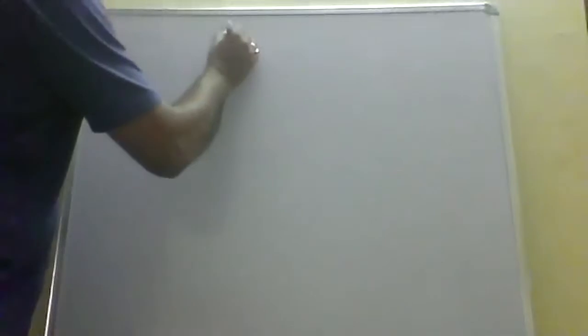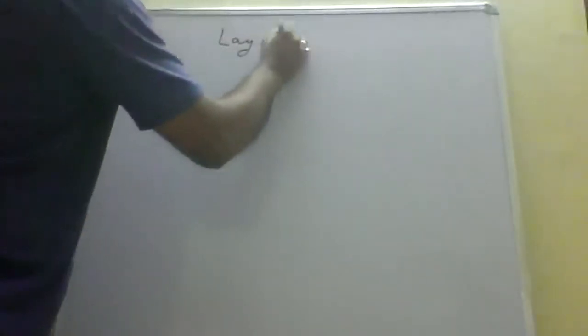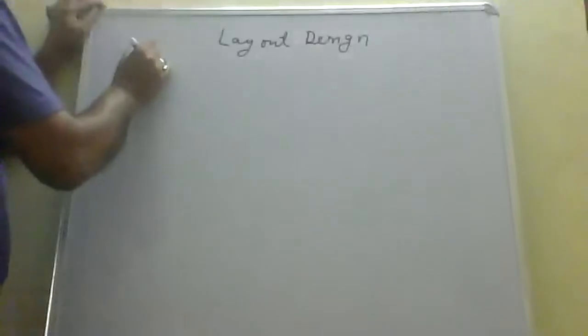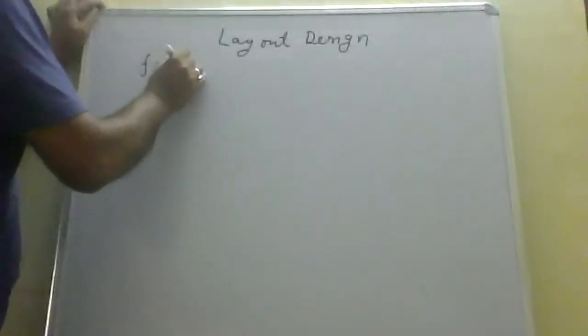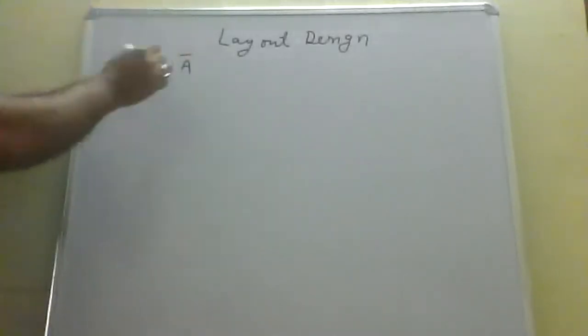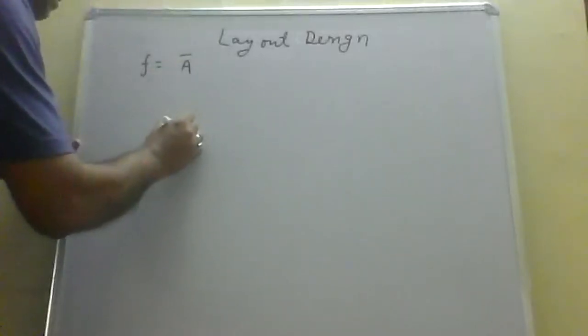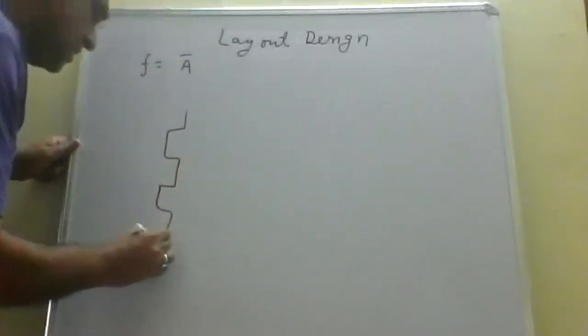In layout design, we consider the inverter layout. We already know that the expression is F equal to A bar, and its circuit is like this.